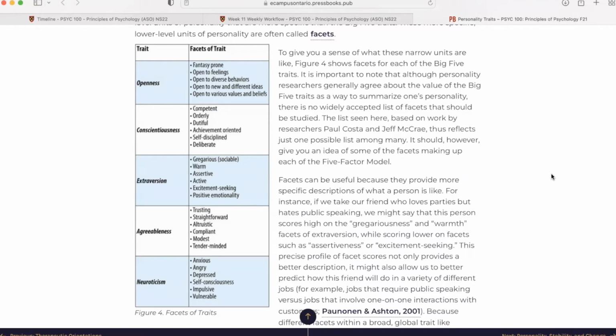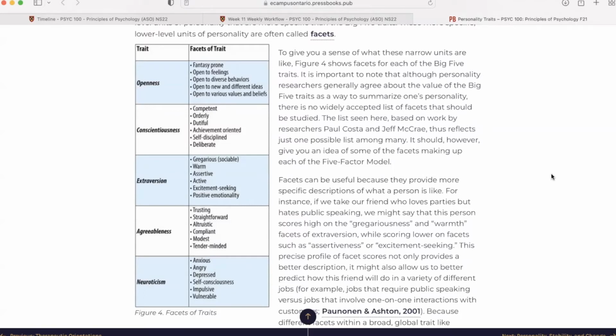So under the trait of openness, the facets are: fantasy prone, open to feelings, open to diverse behaviors, open to new and different ideas, open to various values and beliefs. Trait of conscientiousness. Facets: competent, orderly, dutiful, achievement oriented, self discipline, deliberate.